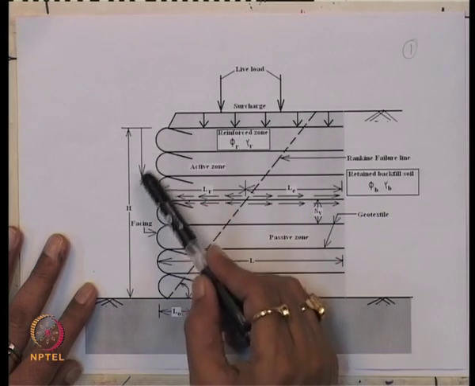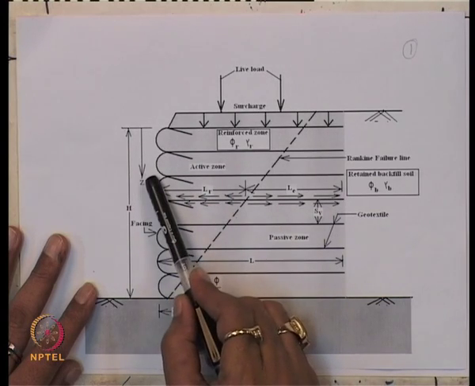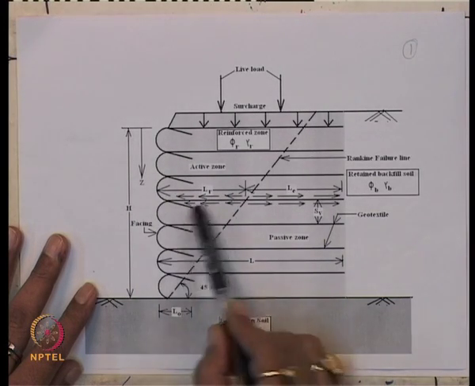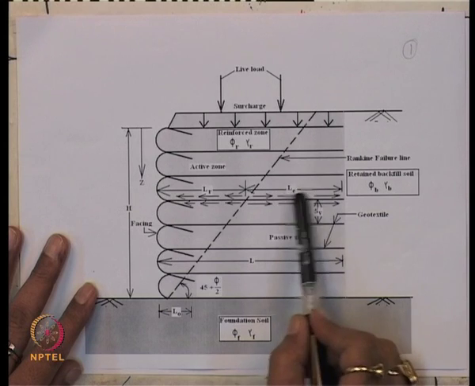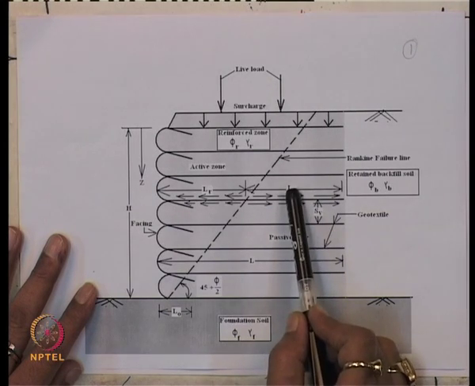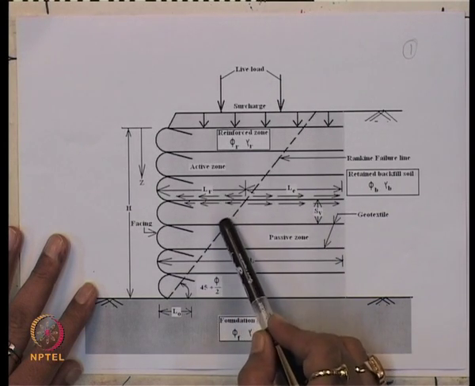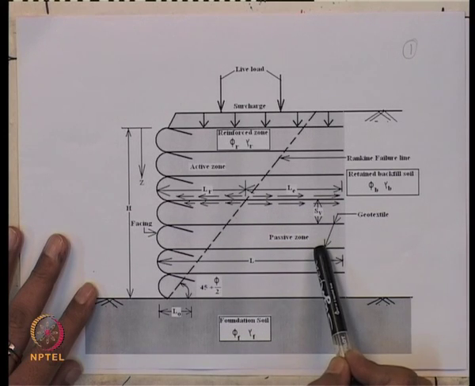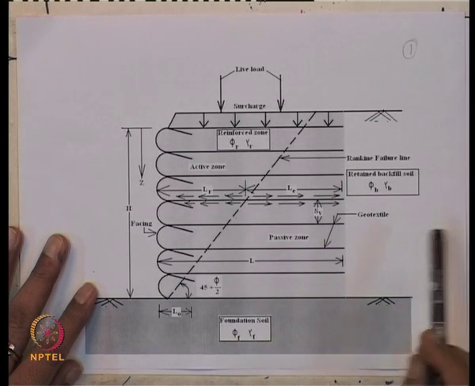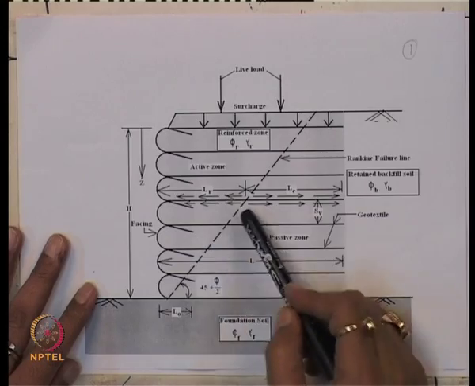So you can calculate at any depth Z what should be the embedment length Le or Lr, or what should be the total length. So this is the geosynthetic wrap around face reinforced soil wall.